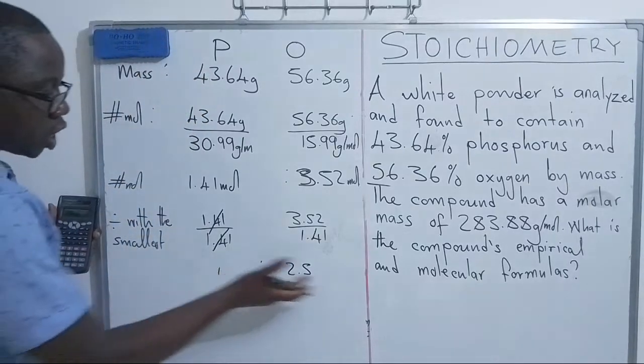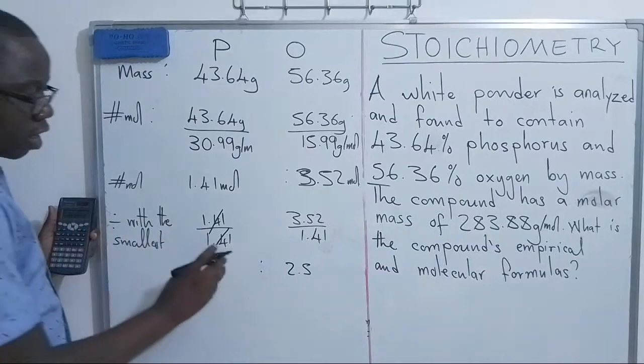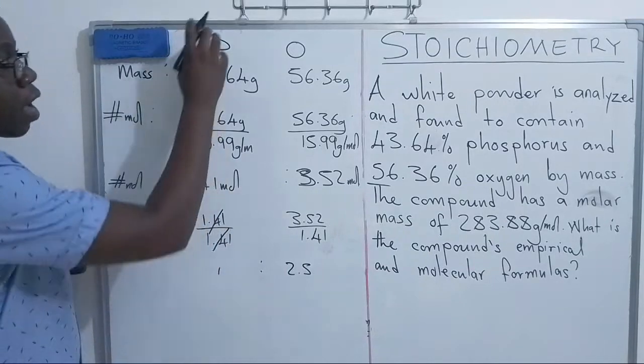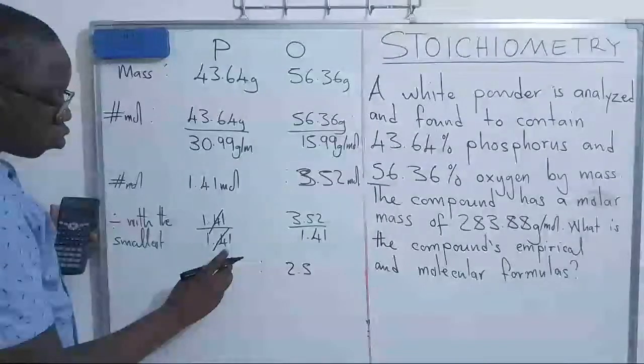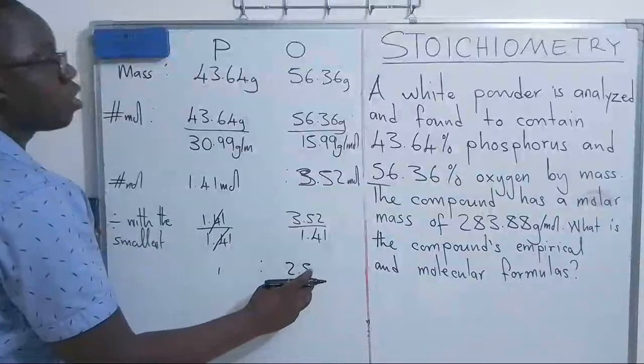So when you use 1 of phosphorus, 2.5 of oxygen should be used up.